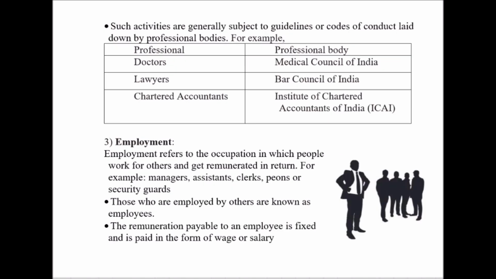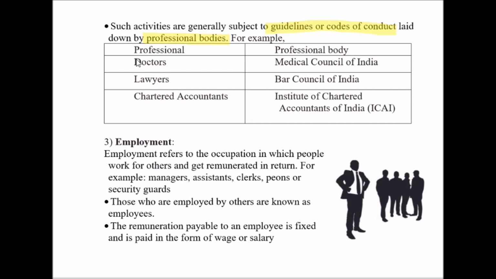Now, one very important thing to remember is, for a profession there are always some guidelines or a code of conduct which is laid down by the professional body. So what we mean by code of conduct is, there are certain rules or regulations which a person has to follow, and these rules and regulations are laid down by some organization or professional body.